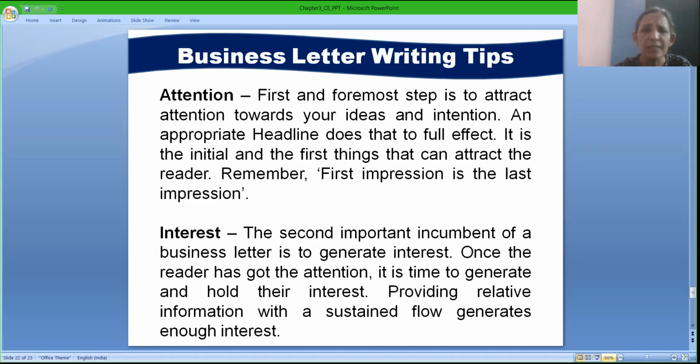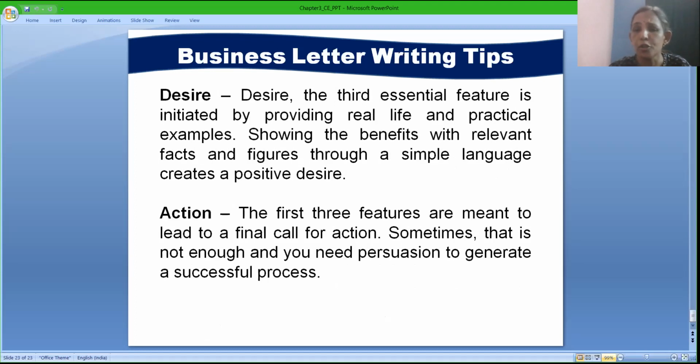Be very succinct while writing the letter. Do not try to bluff, do not try to add any kind of confusing or wrong information. Incorrect information should never be added in letters. Always remember, it is very important to write a letter which can add attention with interest. And then the desire should be generated.